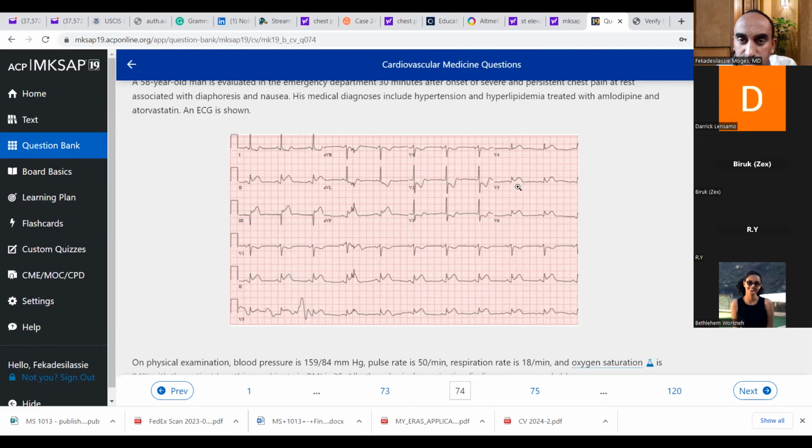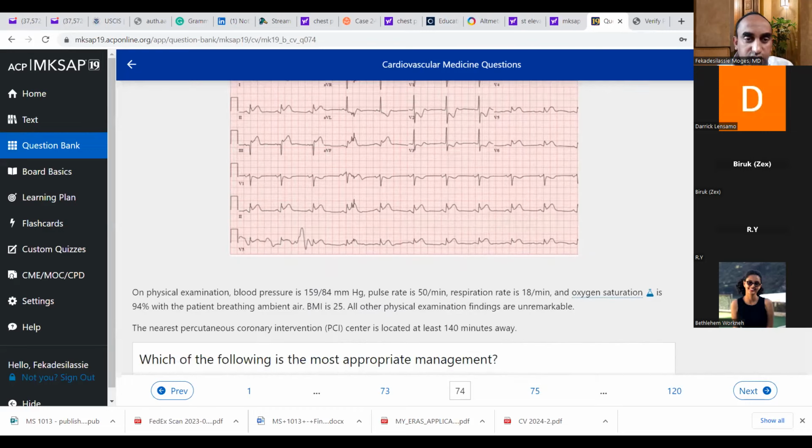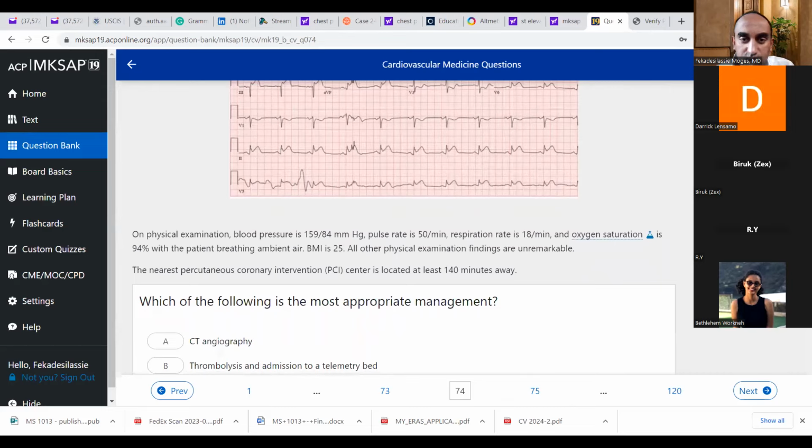There is also some degree of ST segment elevation here in V5 and V6. Okay, let me read it. On physical exam, blood pressure is 159, heart rate is 50 per minute, respiration rate is 18, oxygen saturation is 94% with the patient breathing ambient air, BMI is 25. All other physical exam findings are unremarkable.